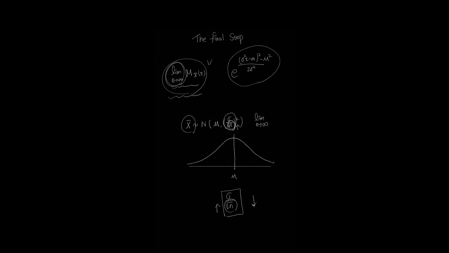Theoretically it'll go to zero because the denominator goes to infinity. So it's getting narrower and narrower, and finally it converges to just a point, which is mu.